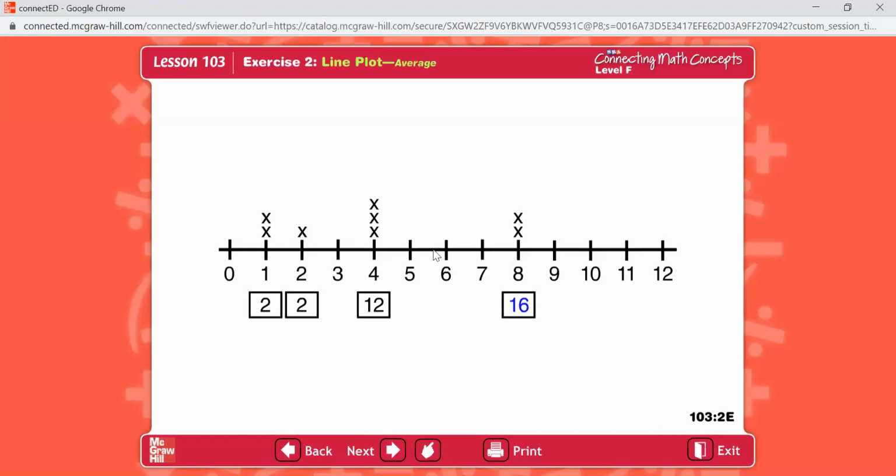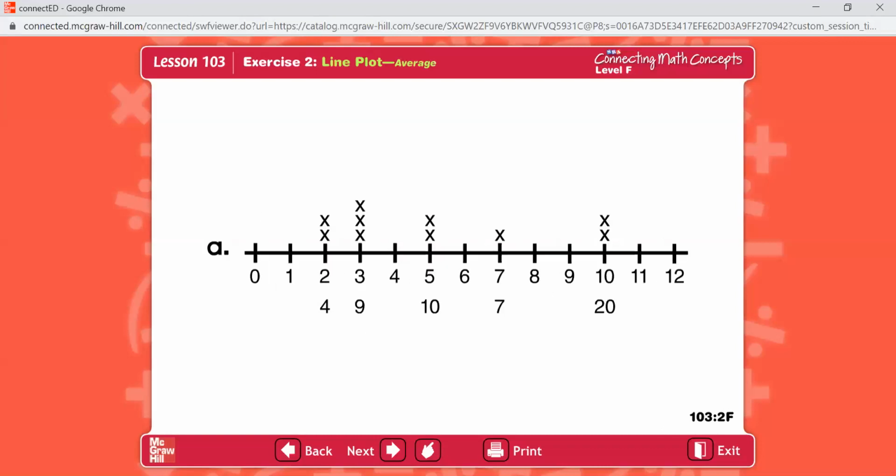Now open your workbook to lesson 103 and find part 1 for some practice. Problem A. It's like the problem we just worked. Write the total under each number that has x's. Pause the video now to do so. Here is what you should have.